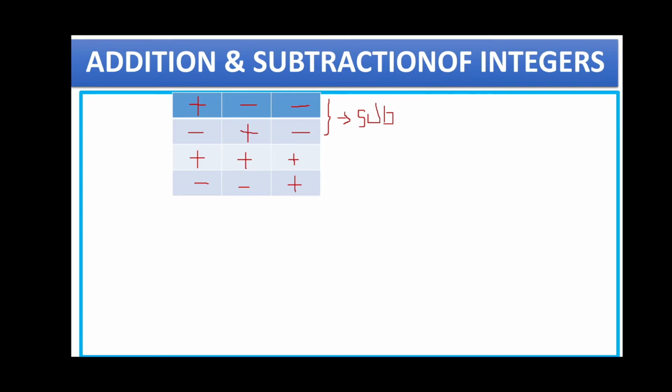So if the integers have different signs, we have to do subtraction. If the integers have the same signs, like both plus plus or both minus minus, we have to do addition. If you know these rules, then we can go for the addition and subtraction of integers.